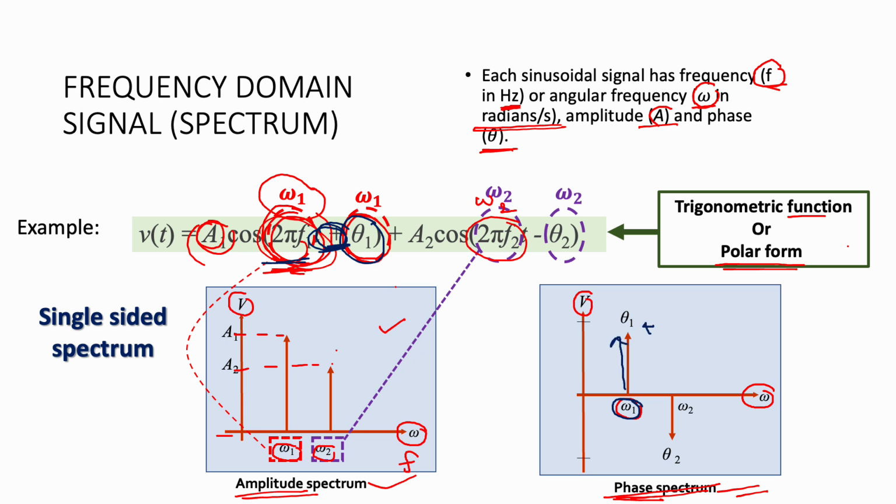For omega 2, the value of the phase is negative, so it is pointed downward. That is how we determine whether it points upward or downward, by looking at whether it is positive or negative.